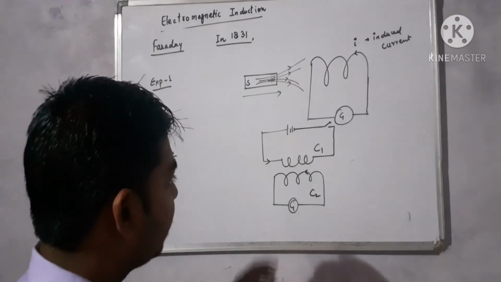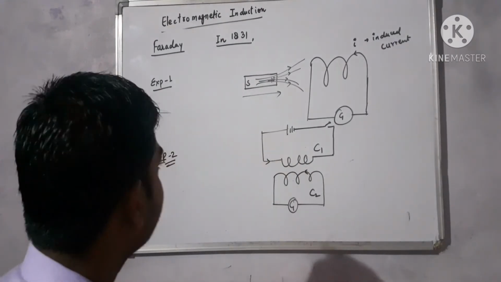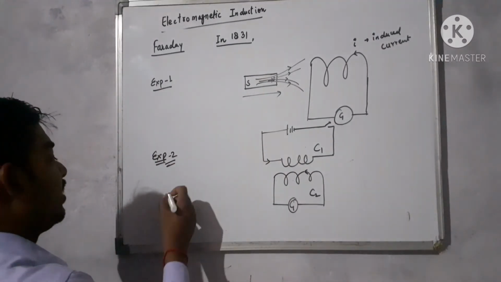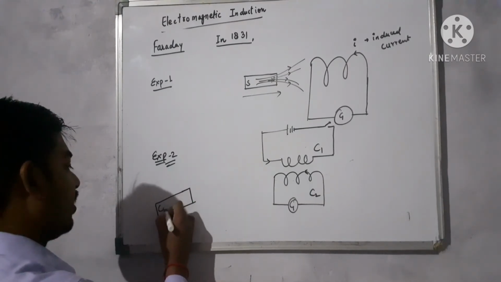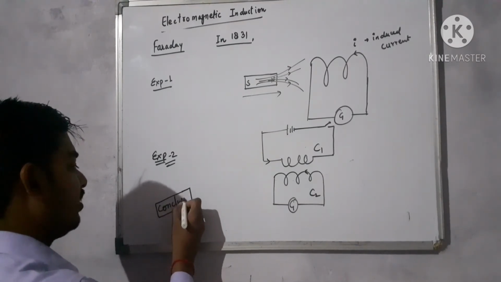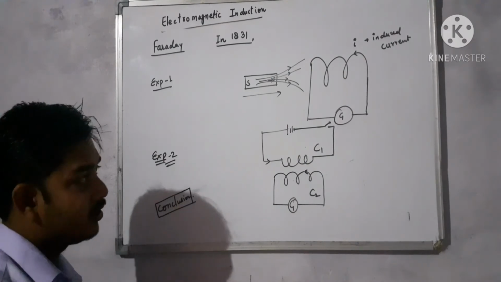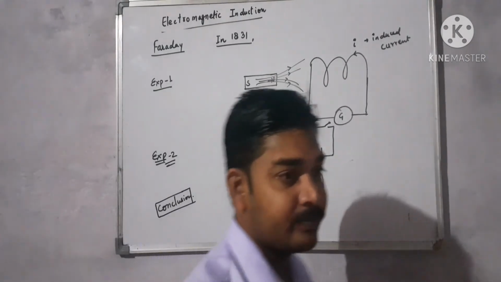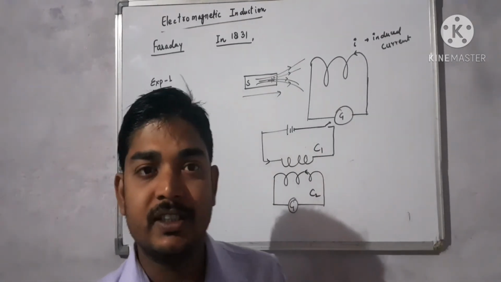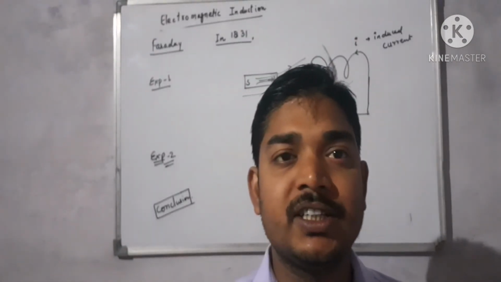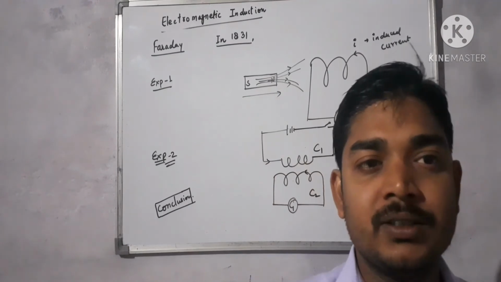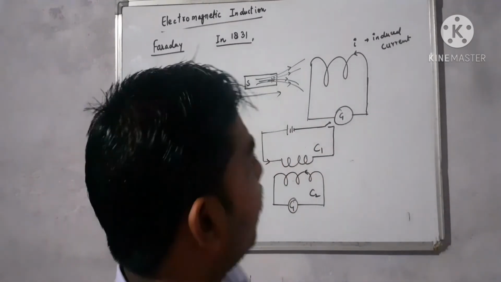After this experiment, he reached a conclusion. He concluded that an induced EMF is produced when we change the magnetic flux passing through the coil. How?